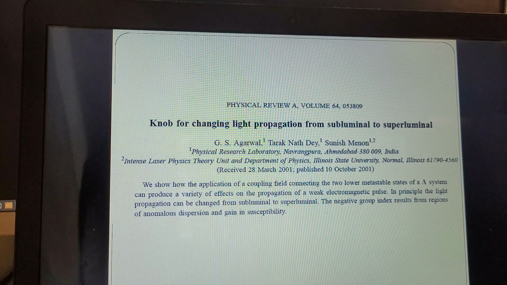They investigated the susceptibility of the medium, calculated its different properties, the imaginary part and also the real part, and they could show there is a changing behavior of light propagation from subluminal to superluminal.